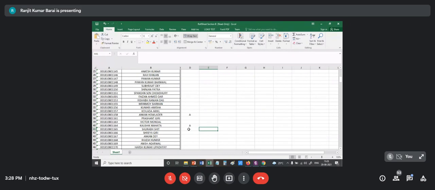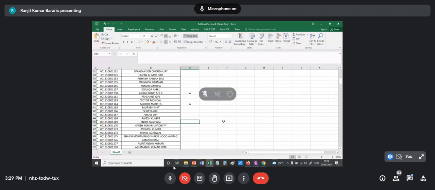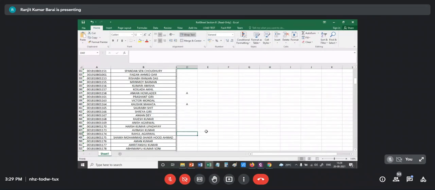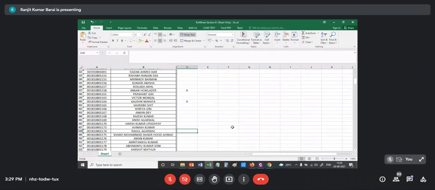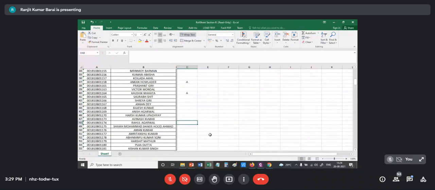Saurabh, present. Shreya, present sir. Ankon, yes sir. Rajesh, yes sir. Anish, Harish Kumar Upadhyay, present sir. Avinash, present sir. Rahul, present sir. Sheikh Muhammad Shakir, present sir. Aman Kumar, present sir. Amritangshu, present sir.